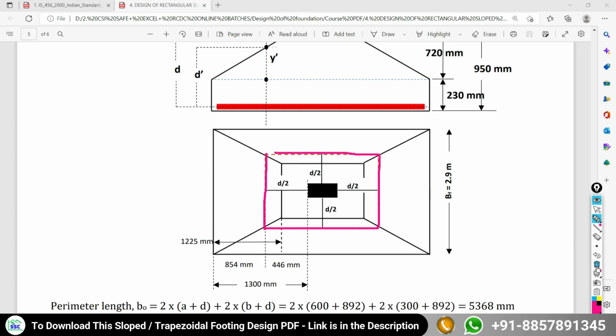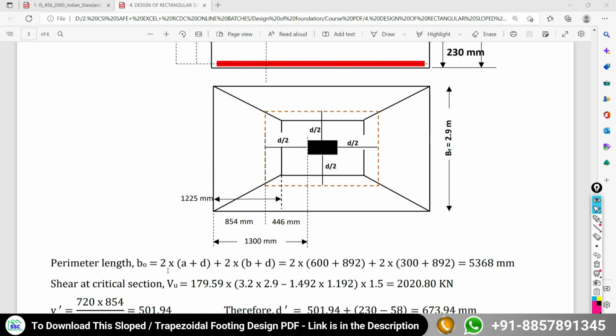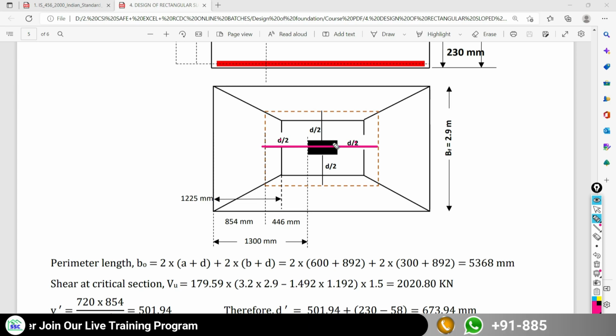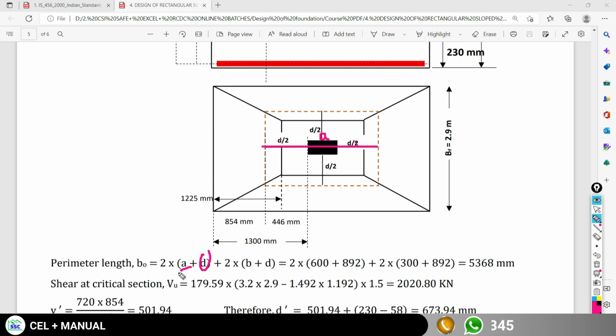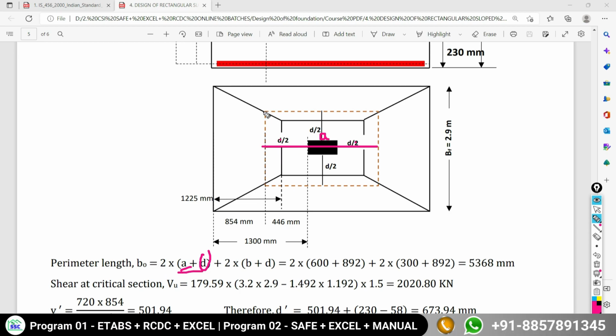So how can you calculate this perimeter length? Along the length, it is d by 2 plus d by 2, which becomes d plus the side of your column in this direction, a. So it is d plus a, and I multiply this value by 2 because this is one side and this is the other side.